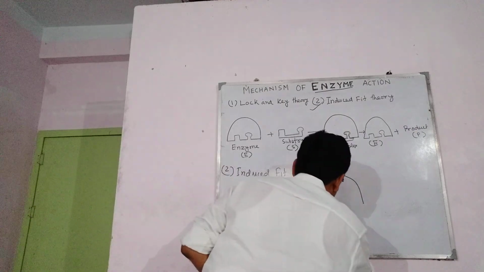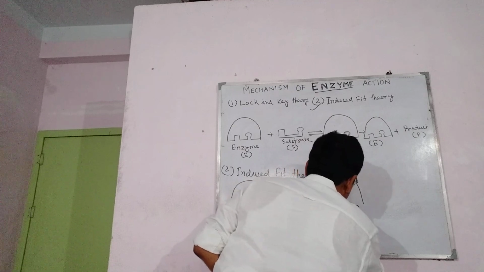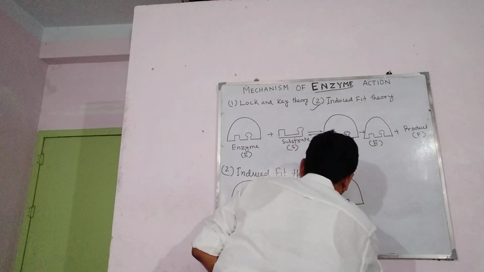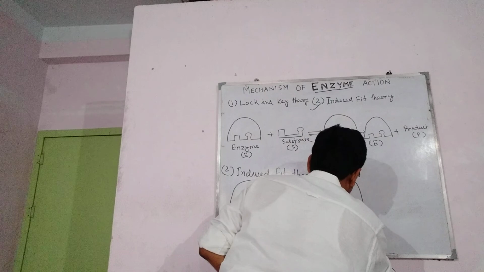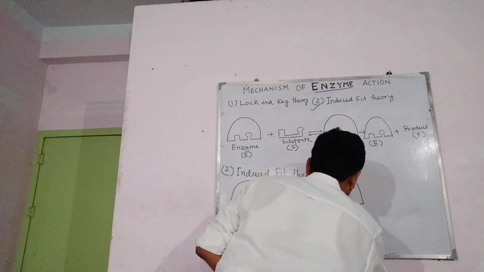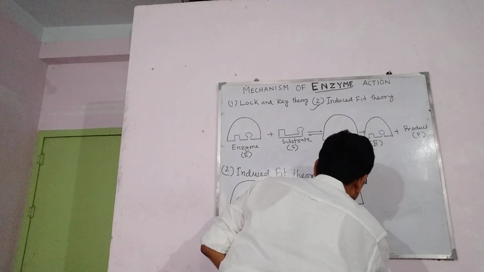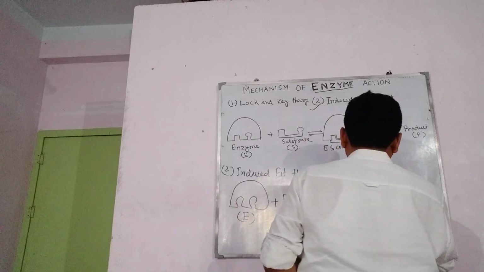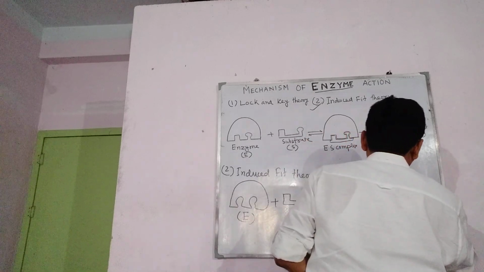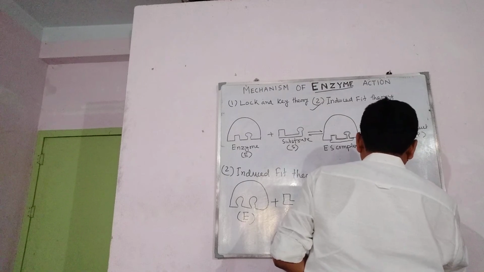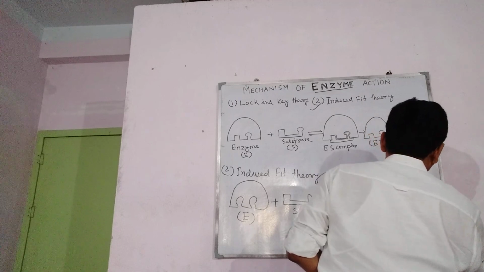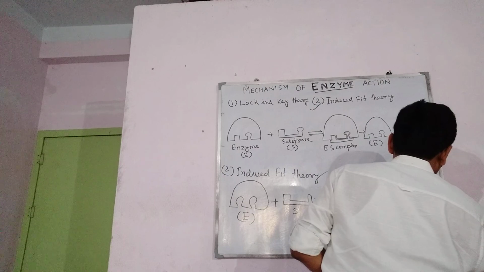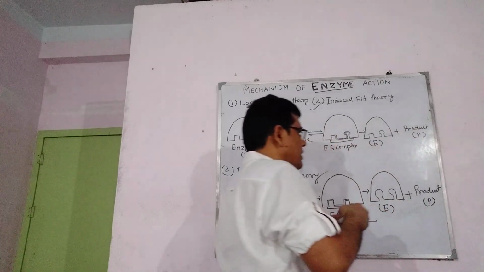So induced by the substrate, the active site of the enzyme changes conformation and fits with the substrate. Here the enzyme substrate complex is formed, and then the enzyme remains in the same position and the product, denoted by P, will be formed.